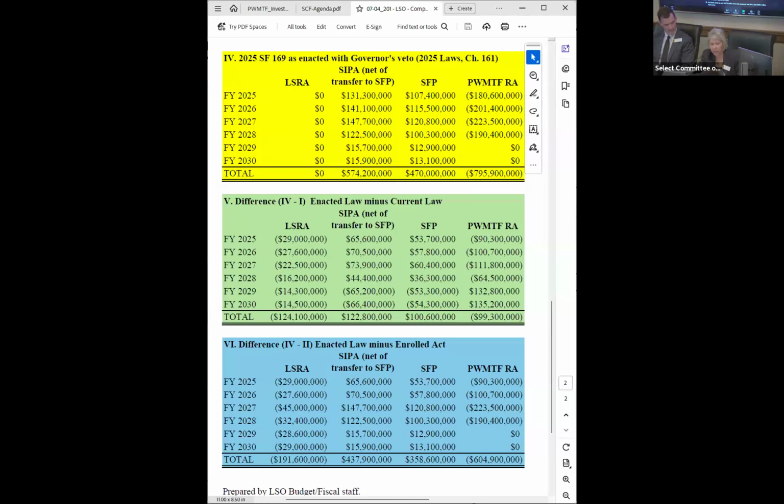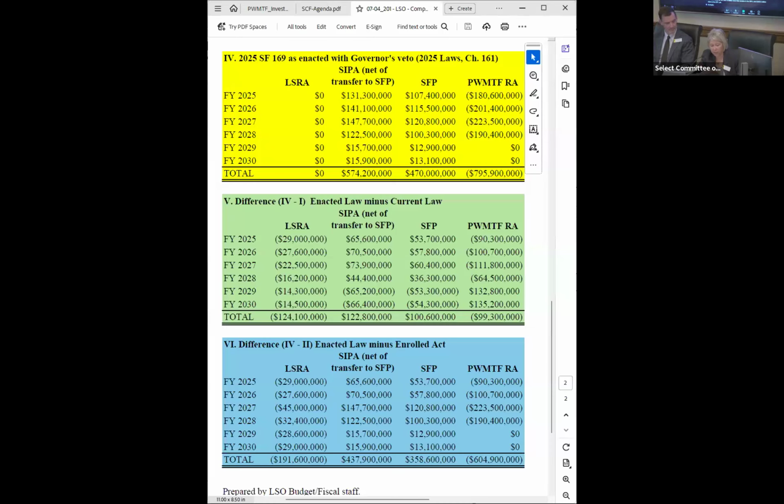And so the total difference, if you look at the total line there, is that there's going to be 191.6 million less in the LSRA, and there would be 437.9 million more that remains in the SIPA and 358.6 million more to the SFP.